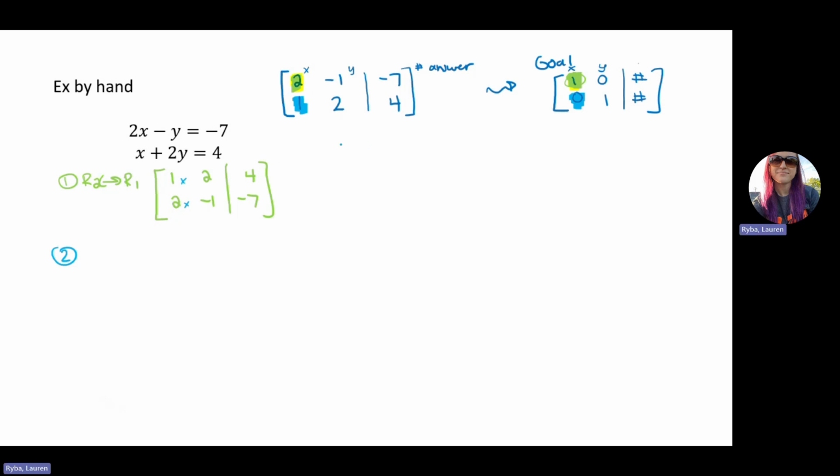If we were doing elimination, 1x plus 2y equals 4, 2x minus 1y equals -7. If I multiply the top row by -2, -2x minus 4y equals -8, stack it with 2x minus 1y equals -7, and then eliminate, do my x's disappear?